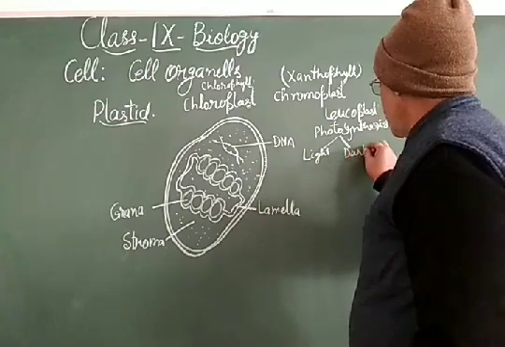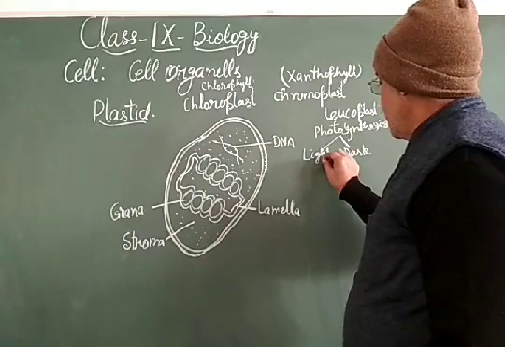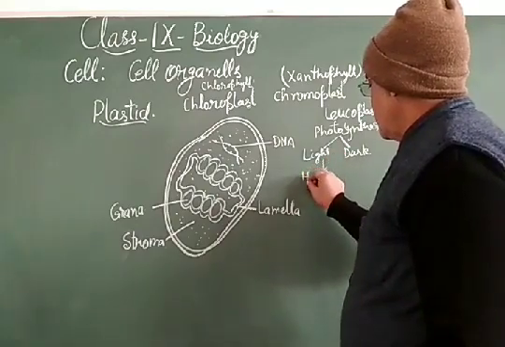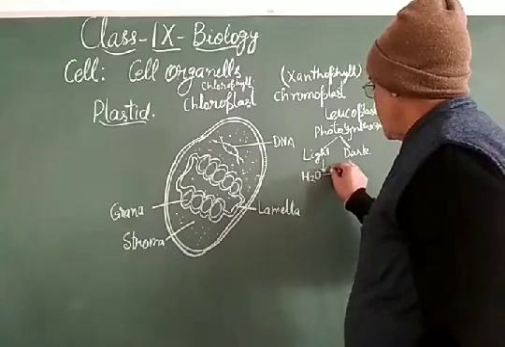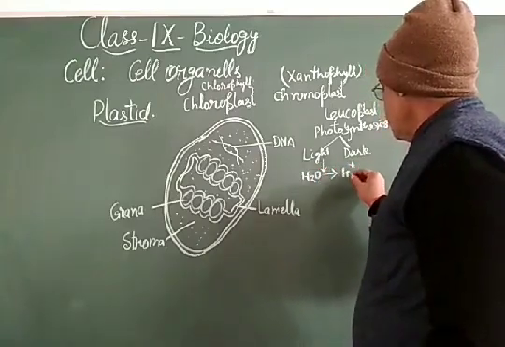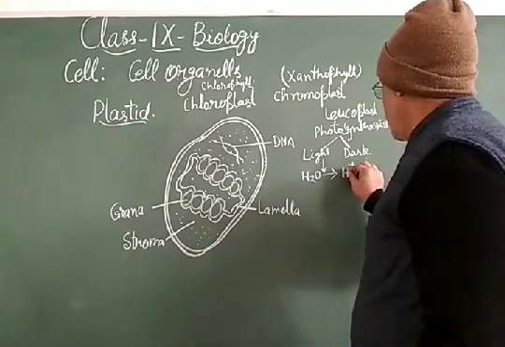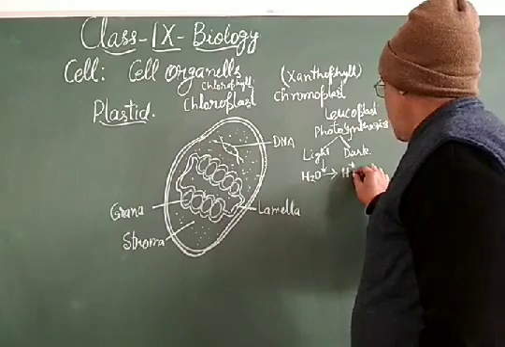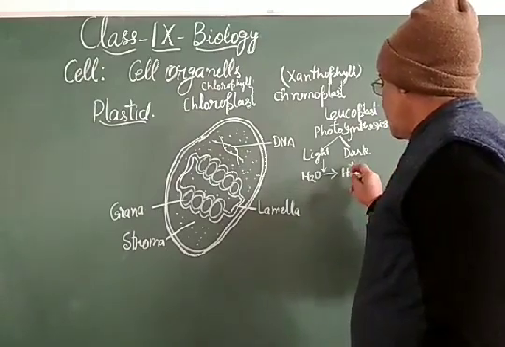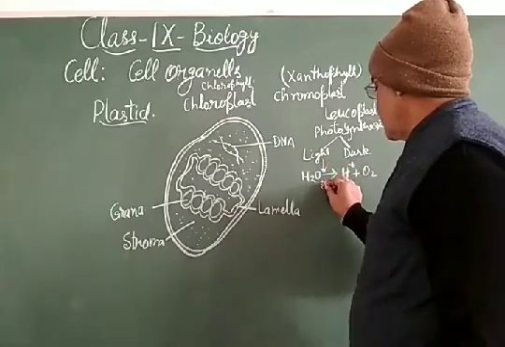In the light reaction, H2O breaks into hydrogen ions, and oxygen is released. The production of hydrogen ions happens in the presence of light. This process is called photolysis.